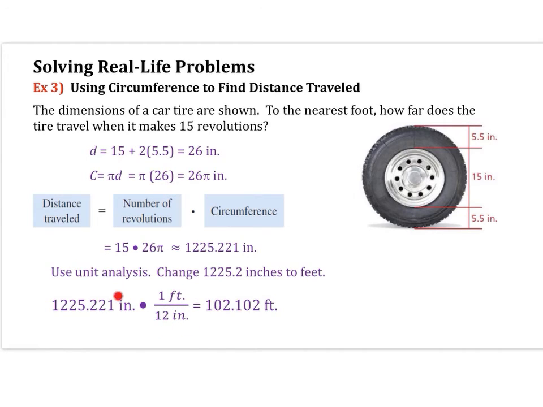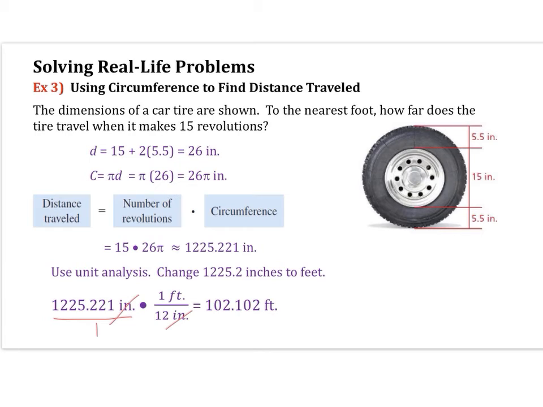You want your inches to be in a diagonal position from each other so that you can cross out common units between the numerator and denominator. So in other words, if I put this over 1, the 1,225.221 inches is in the numerator, being multiplied times 1 foot divided by 12 inches. We cross out the inches, and now we just multiply the numbers and simplify our values.